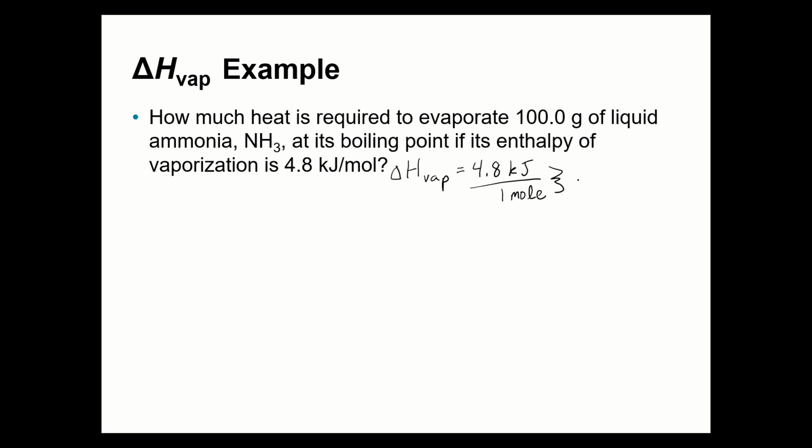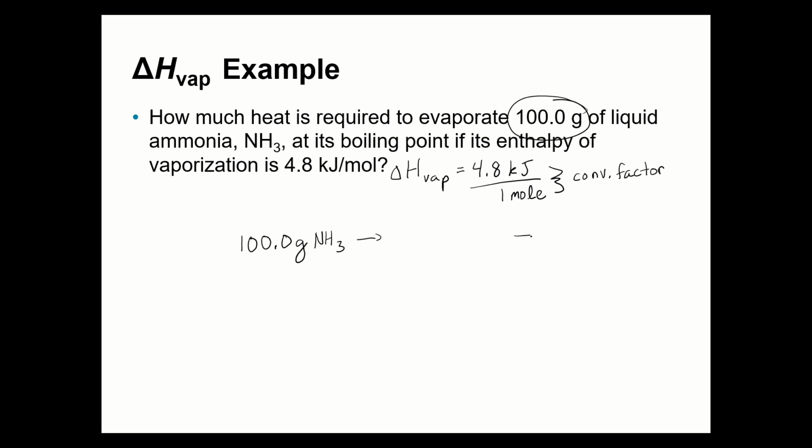Okay, so remember that this is what we call a conversion factor. So we never want to start with a conversion factor. Instead, we want to start with the other given information, which is our mass. Okay, so we have 100 grams of NH3, of ammonia, and they're asking how much heat is required.